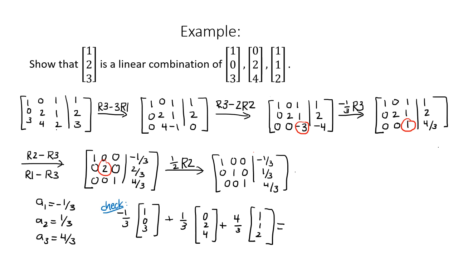So negative 1/3 times 1 plus 4/3 times 1 is going to be 1. Then 1/3 times 2 plus 4/3 times 1: 2/3 plus 4/3 is 6/3, or 2. Negative 1/3 times 3 is negative 1. Oops, this one I'm going to write out. Negative 1 plus 4/3 plus 8/3.